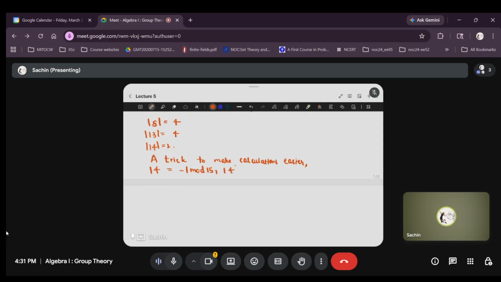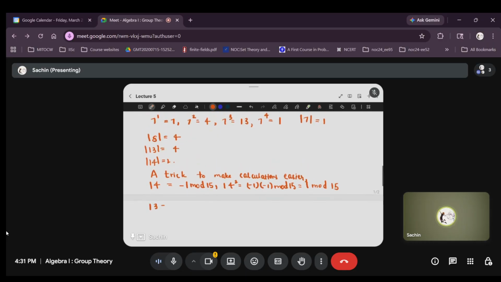So 14 square is minus 1 times minus 1 mod 15, or minus 1 square mod 15. So it is 1 mod 15. That's why 14 has the order 2.